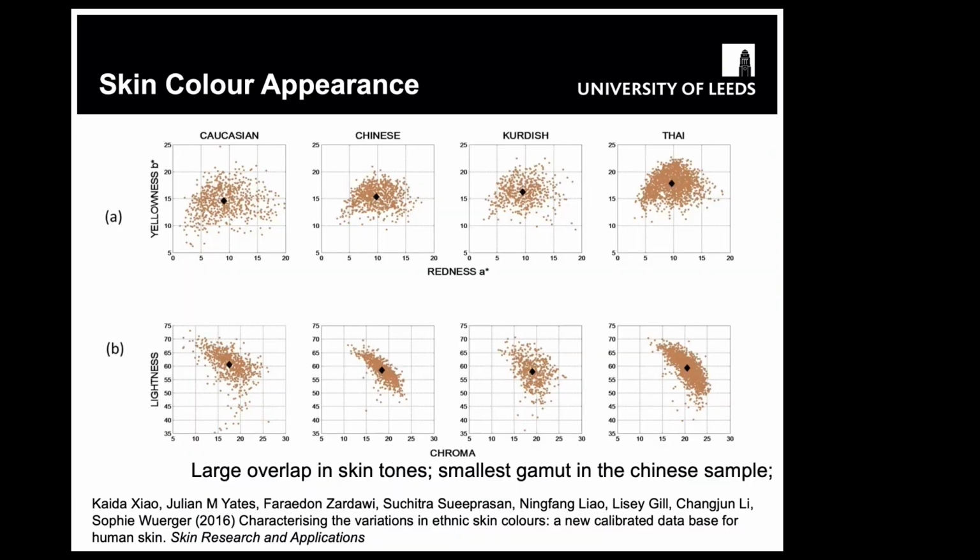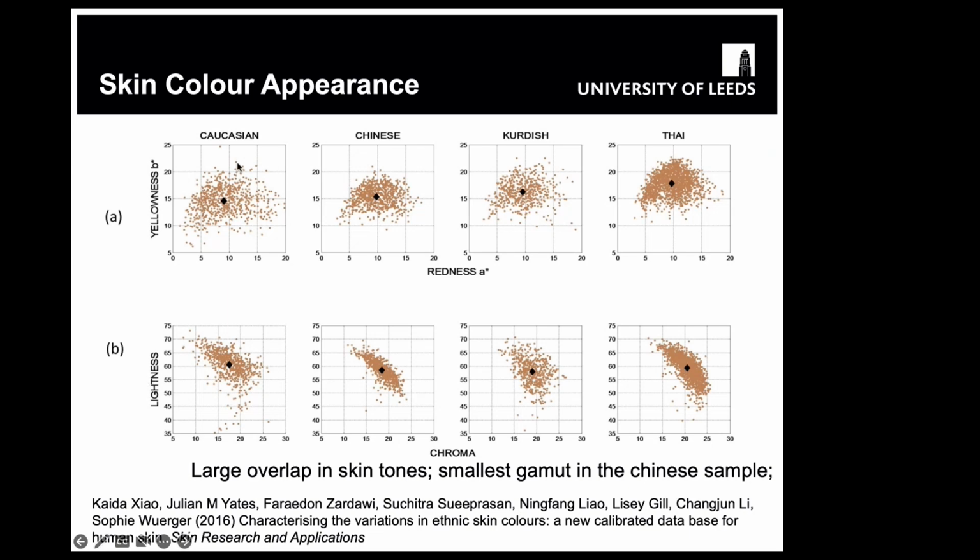The next example is our early paper indicating the difference in skin color distribution in different ethnic groups. As you can see, the Caucasian data in the CIELAB color space: the top figure is redness a* against yellowness b*, and the bottom figure shows chroma against lightness.